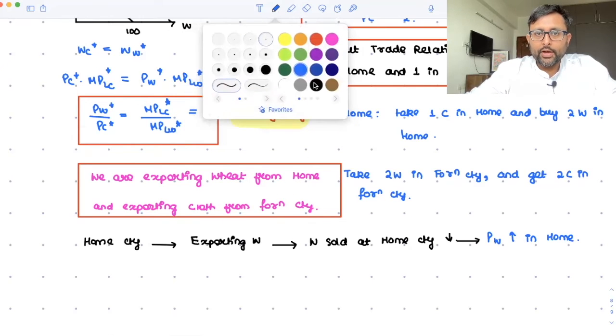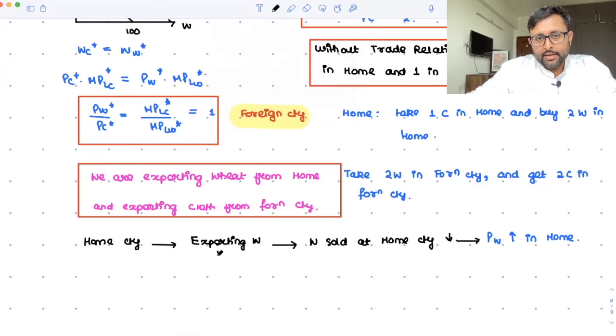But when you are exporting wheat to the foreign country, then at the same time, the supply of wheat in foreign country is increasing.